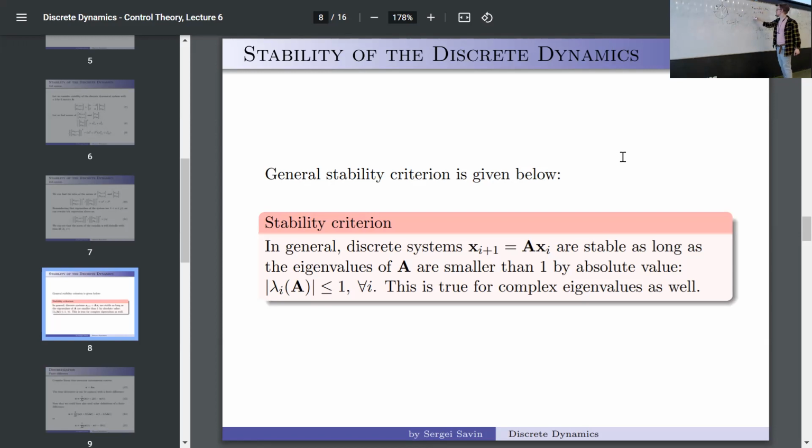Substitute, you get x sub i plus 1 equals (A minus BK) x i. Now this matrix has to have eigenvalues that are by absolute value less than 1. You just do pole placement. Make sure that you ask for eigenvalues that are less than 1 by norm. You stabilize the discrete system. That's it.